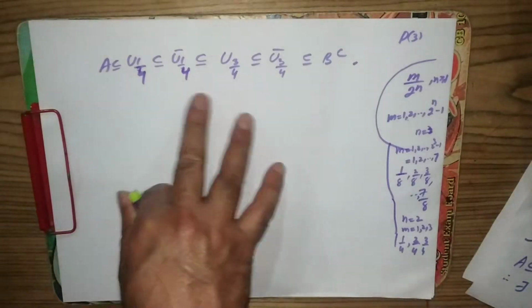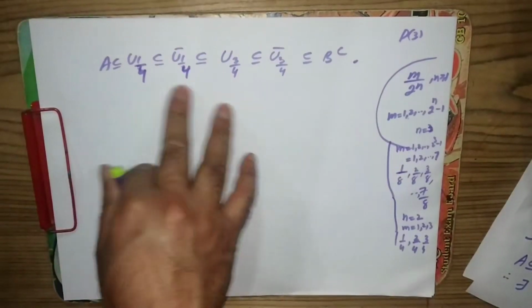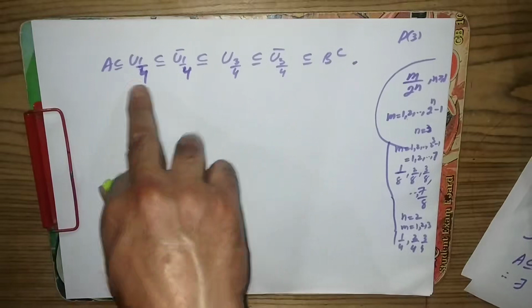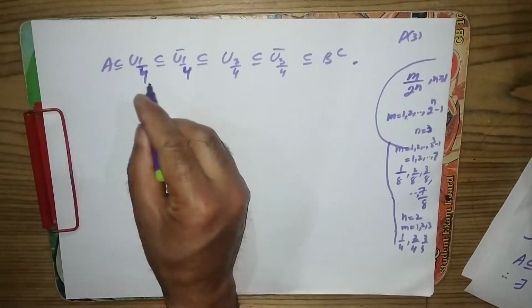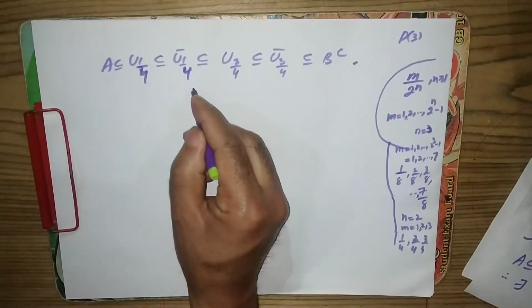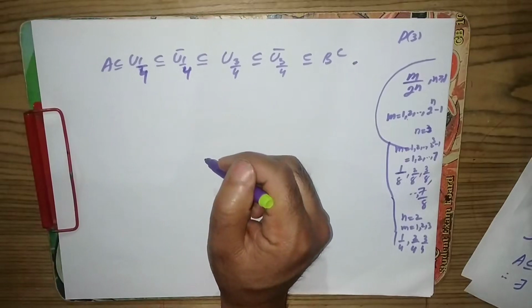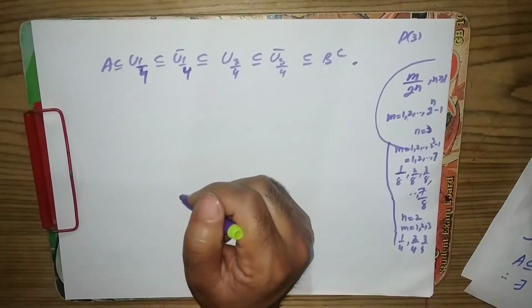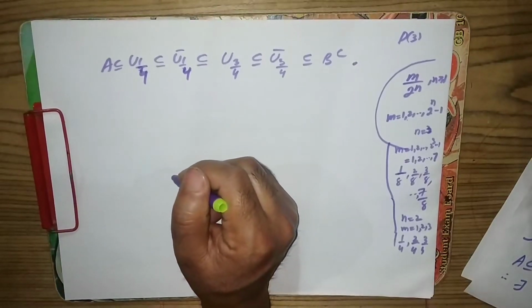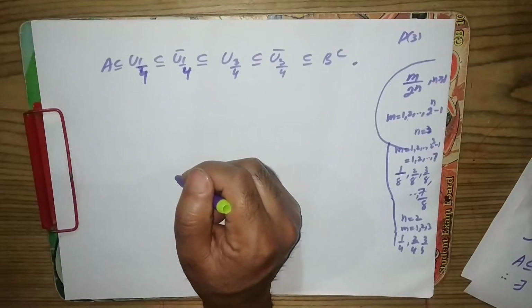So for each such step, we have a collection of these dyadic rational numbers 1 by 4, 1 by 2, then 3 by 4. These are dyadic rational numbers.